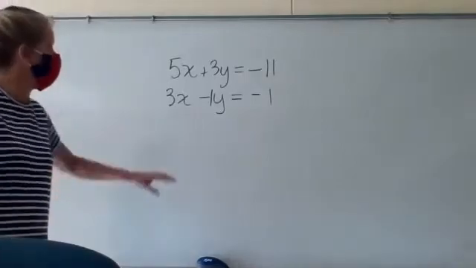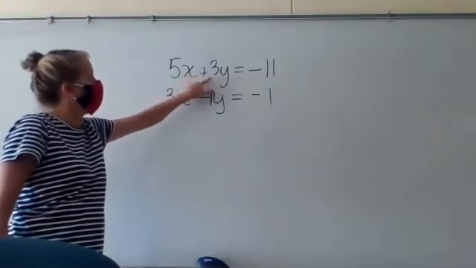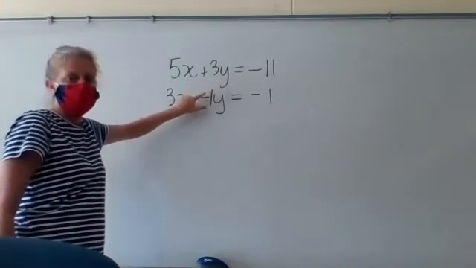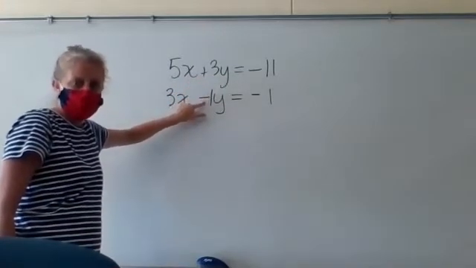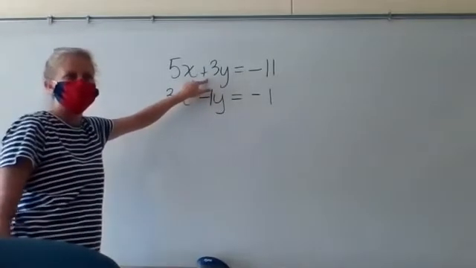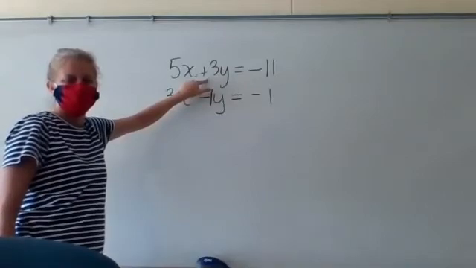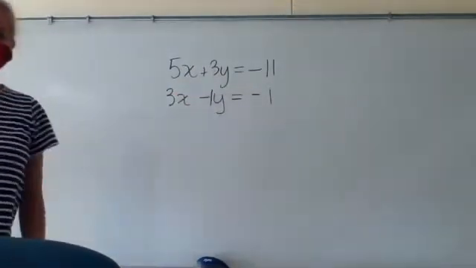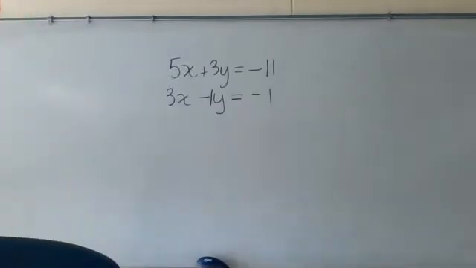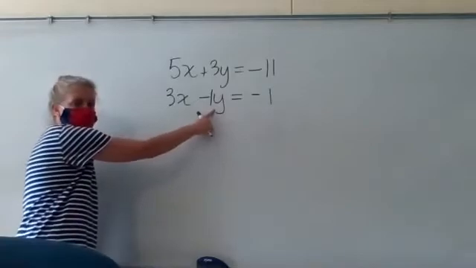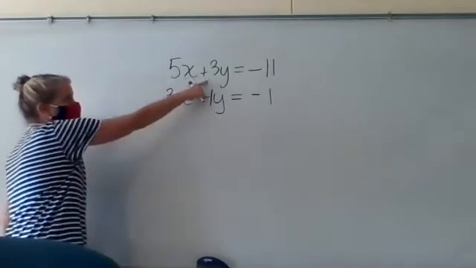So looking at this y, it's positive 3, which means I would need this y to be negative 3 to knock it out. If I knock this out, then I've achieved my goal of eliminating the y. So what would I multiply this negative 1 by to make it the negative 3 that I need?